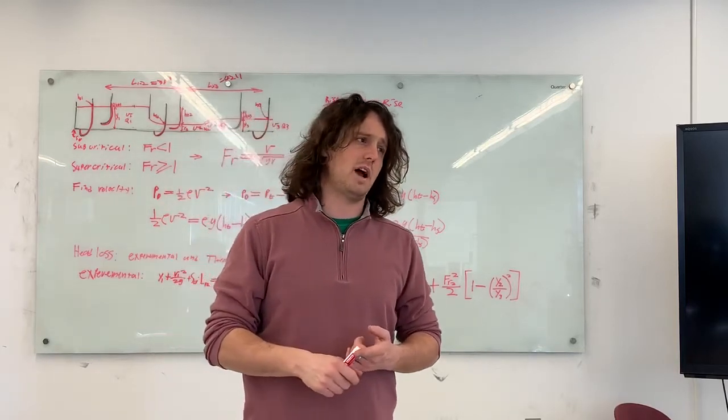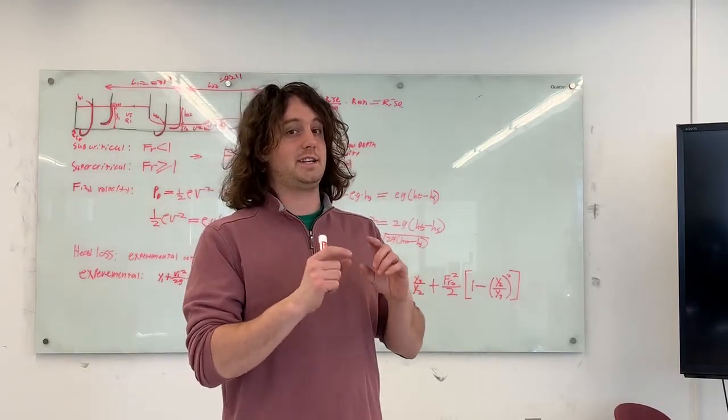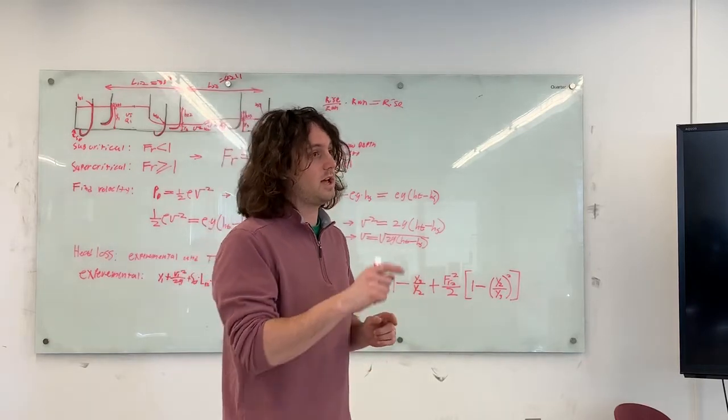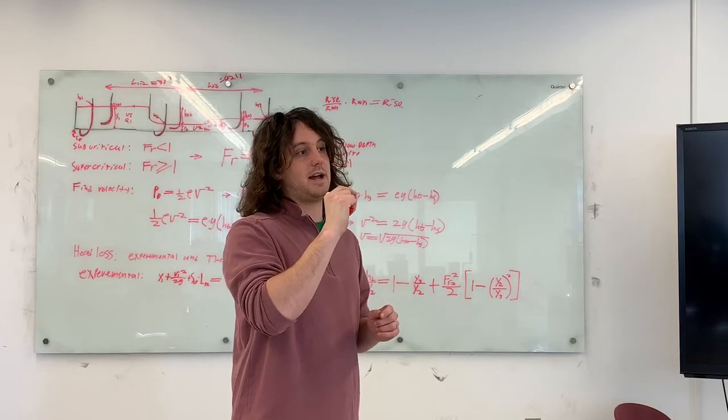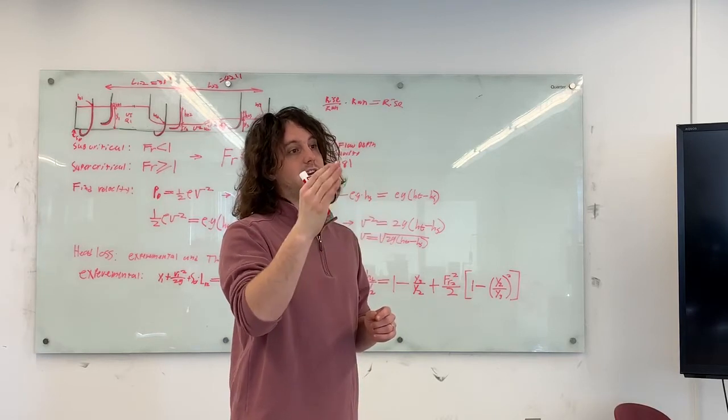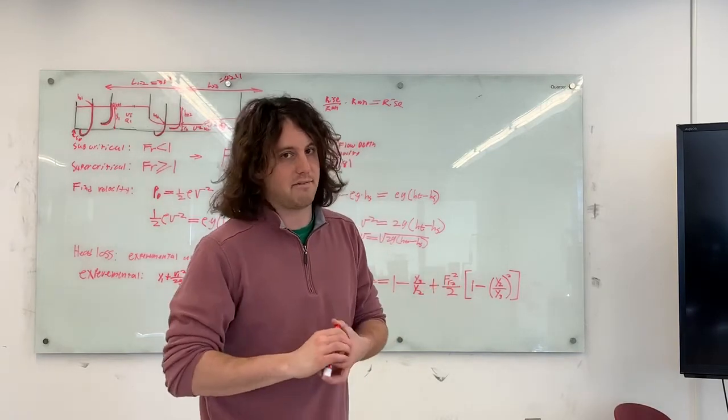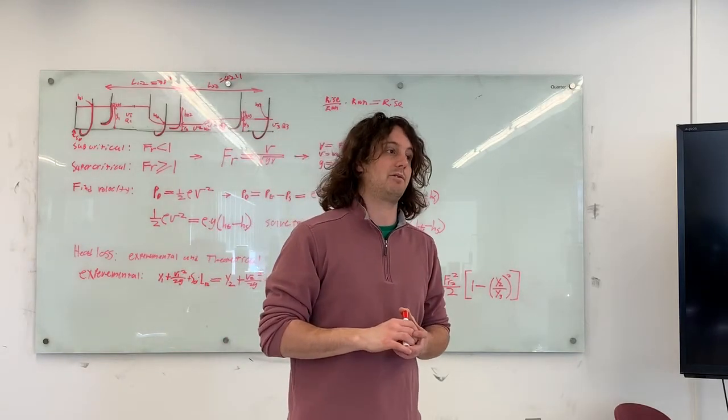For the data points, for each section at each slope, I want you to record the static height 3 times, the total height 3 times, and the channel height 3 times in each section, so that you can average them and get a more accurate result.